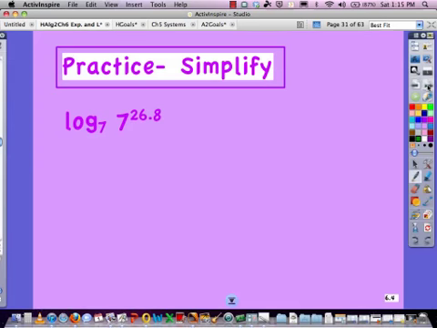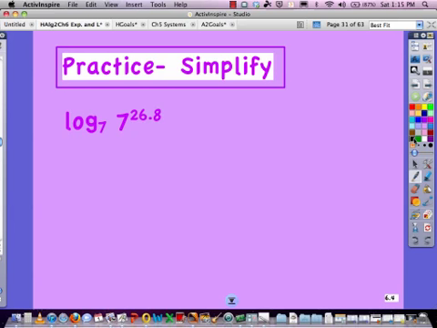So let's try a couple. So let's start with log of 7 to the power of 26.8 in base 7. So notice we're not in base 10 anymore. It's out of some of your comfort zones. But let's work through. What form is this? Log form. We need to maybe rewrite it in exponential if that's not making any sense to you. But let's go back and analyze that.